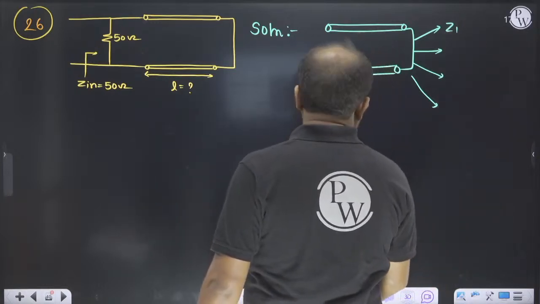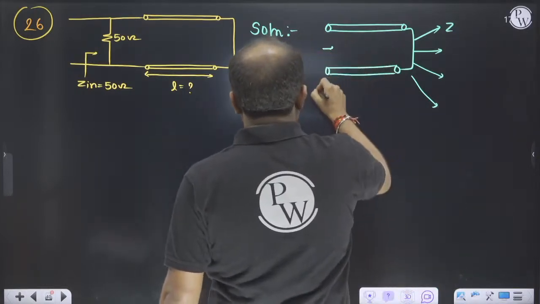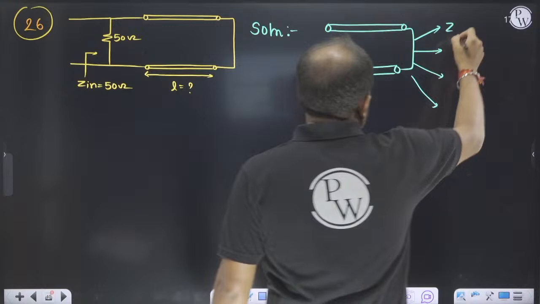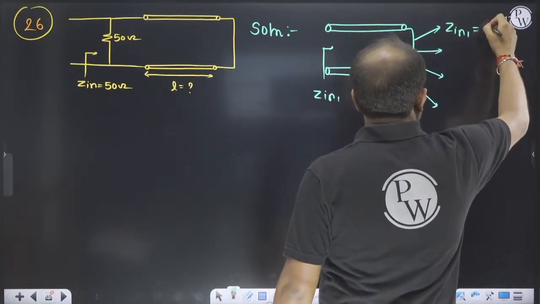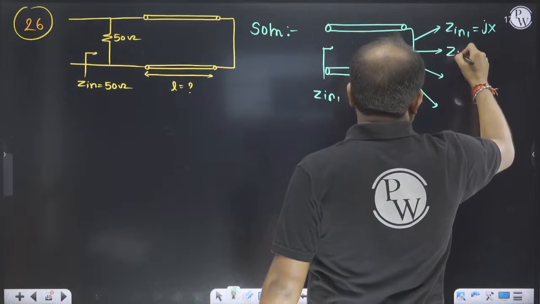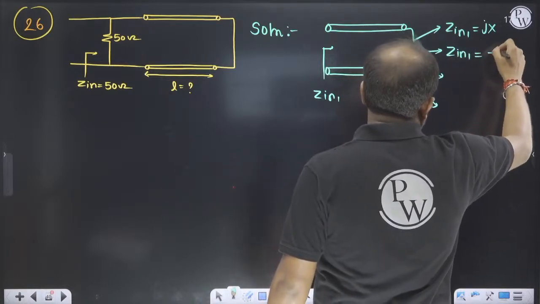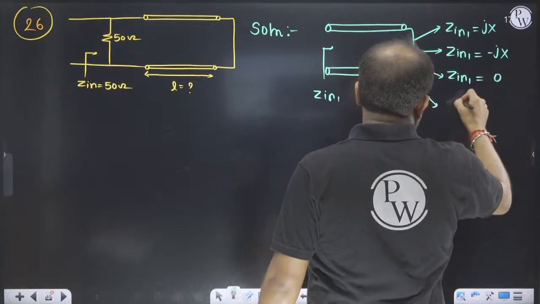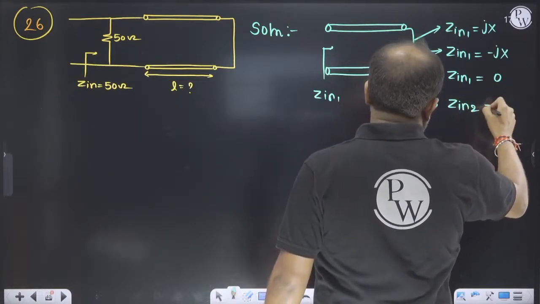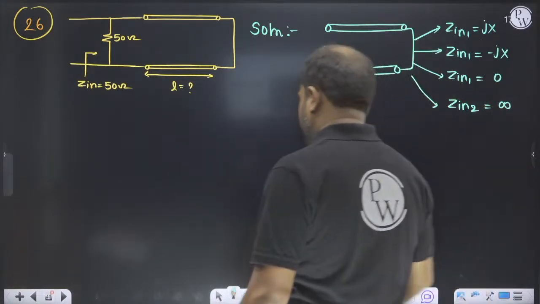Let us assume this is Zn1. So Zn1 will be equal to inductive, Zn1 will be equal to capacitive, Zn1 will be equal to short circuit, and Zn1 will be equal to infinite, open circuit. Okay.